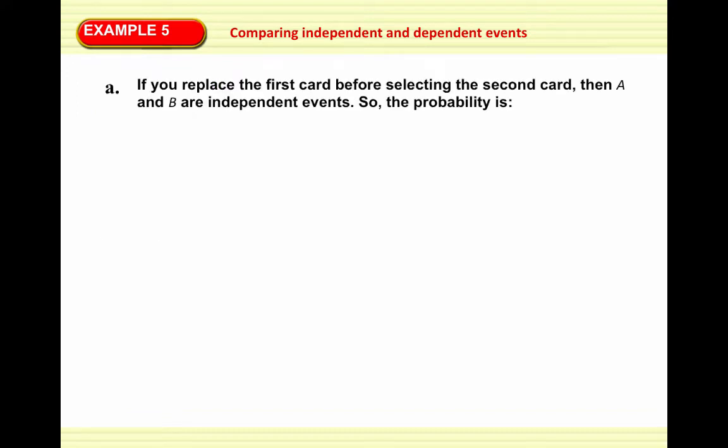Okay, so if you replace the first card before selecting the second card, then A and B are independent events because the probabilities are not changed based on whatever you get on the first draw. So our probability of A and B would just be the probability of A times the probability of B. There's 39 out of 52 ways to not be a heart.